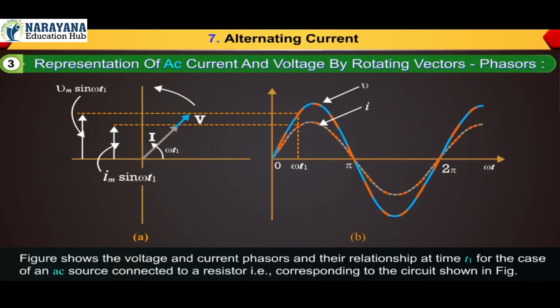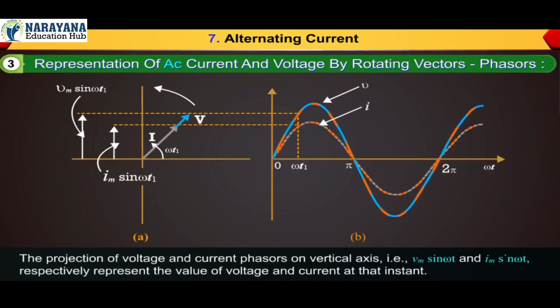The figure shows the voltage and current phasors and their relationship at time t1 for the case of an AC source connected to a resistor, corresponding to the circuit shown in the figure. The projections of the voltage and current phasors on the vertical axis, Vm sin omega t and Im sin omega t respectively, represent the values of voltage and current at that instant.